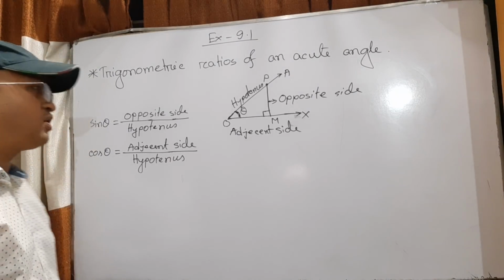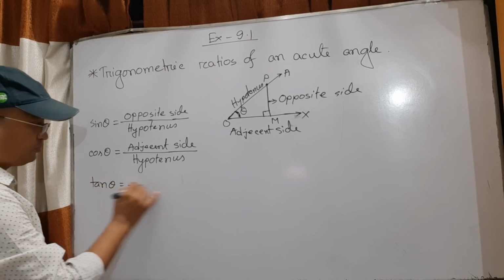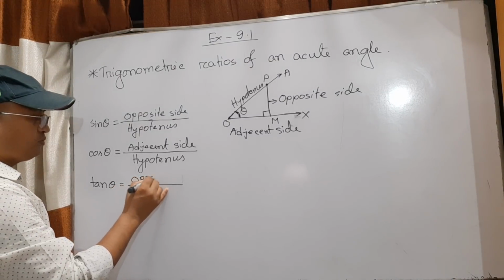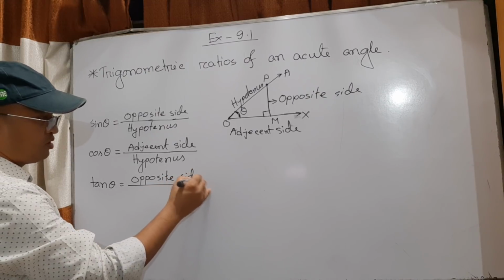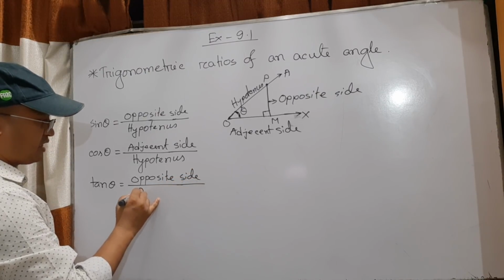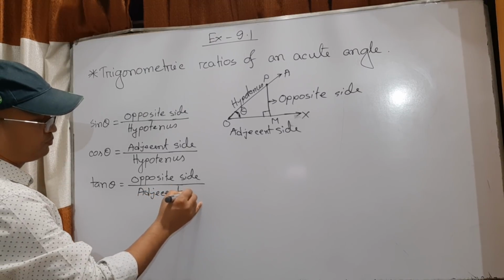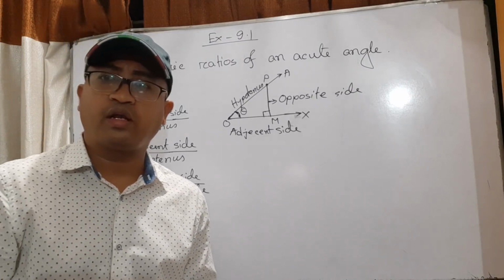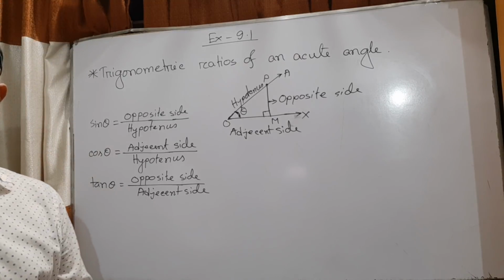Now third one is tan theta. That is opposite side divided by adjacent side. So three ratios we have already written over there: sin theta, cos theta, and tan theta.